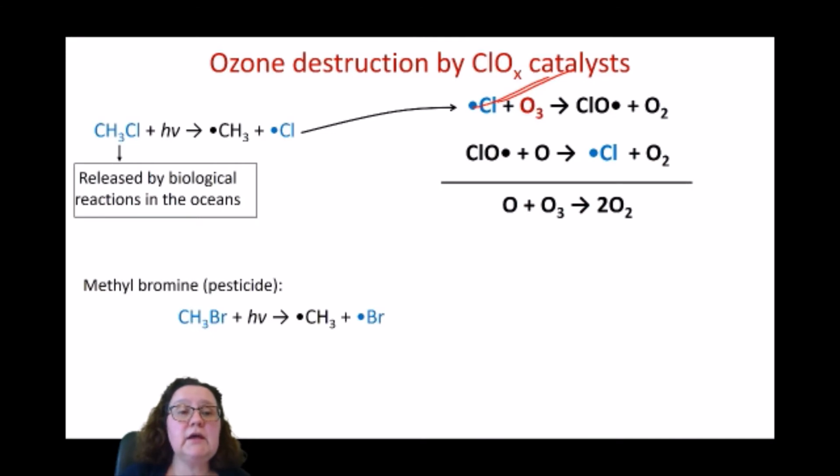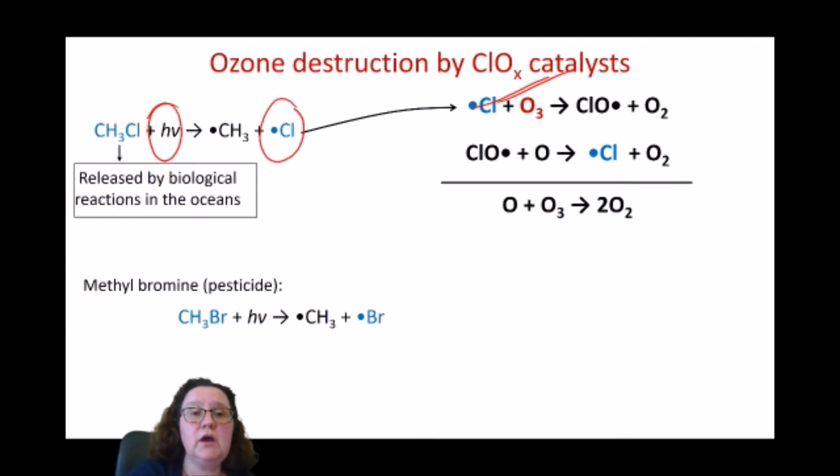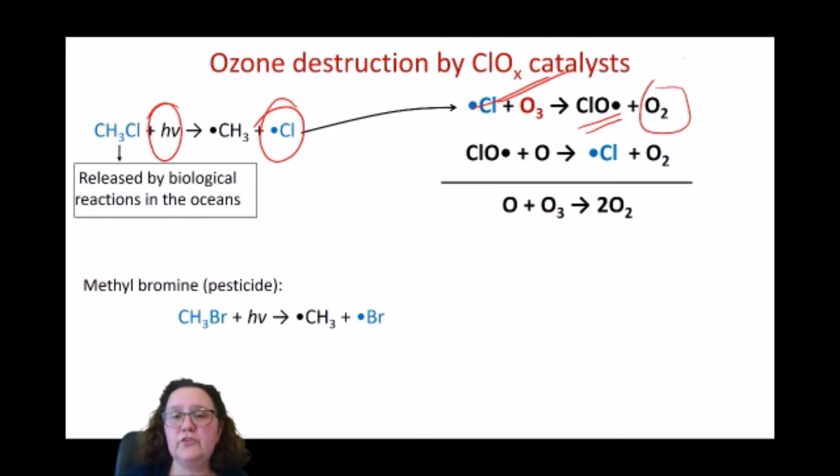So again, the chlorinated species absorbs a particular wavelength of solar radiation and produces a chlorine radical, which then reacts with ozone to form a chlorine oxide radical and produce oxygen, and then by reacting with an atom of oxygen, regenerates the chlorine radical and produces more oxygen.